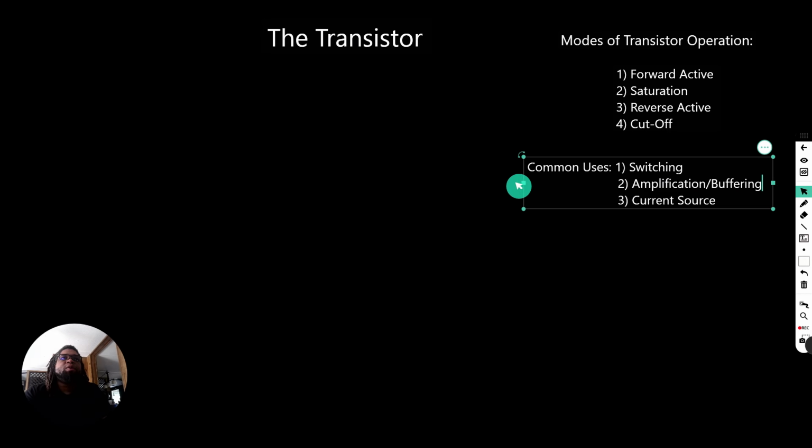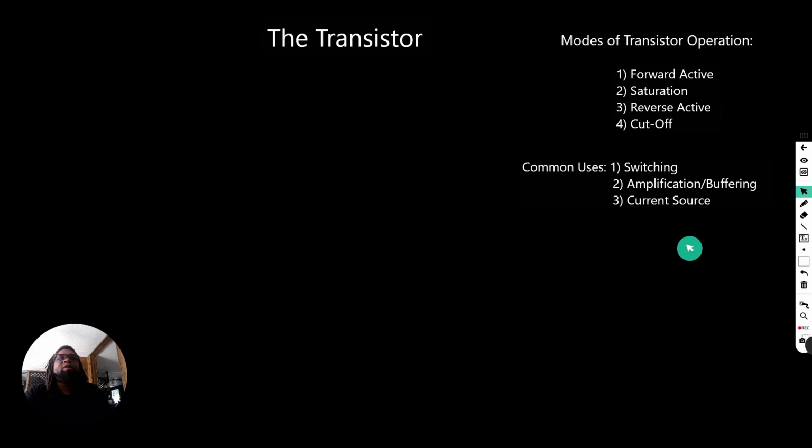Because sometimes we don't always think of amplification as not always making a signal larger, even though that's what it means. Amplification can also buffer signals, which is in a lot of cases essential, especially because of an impedance transfer.